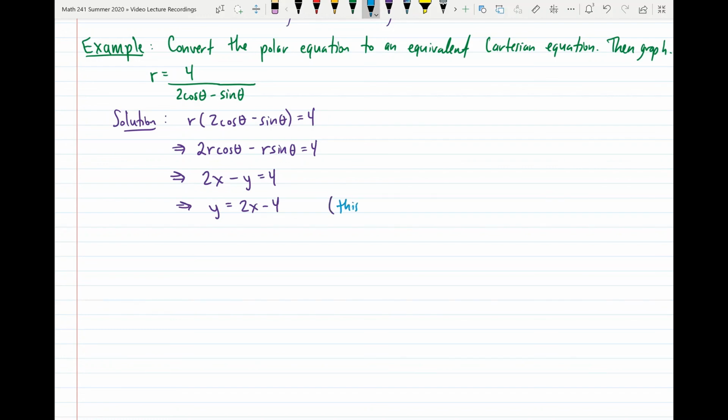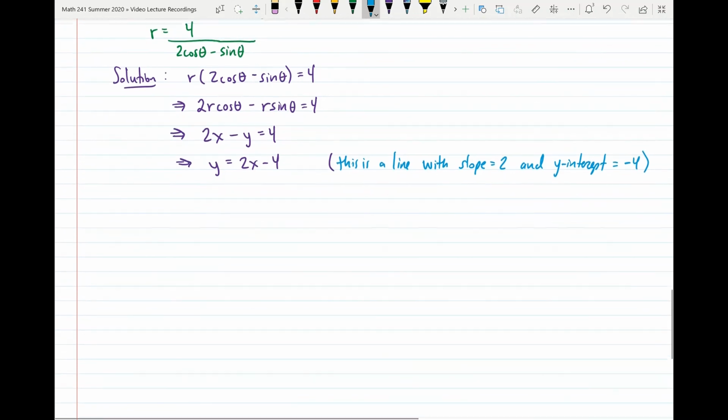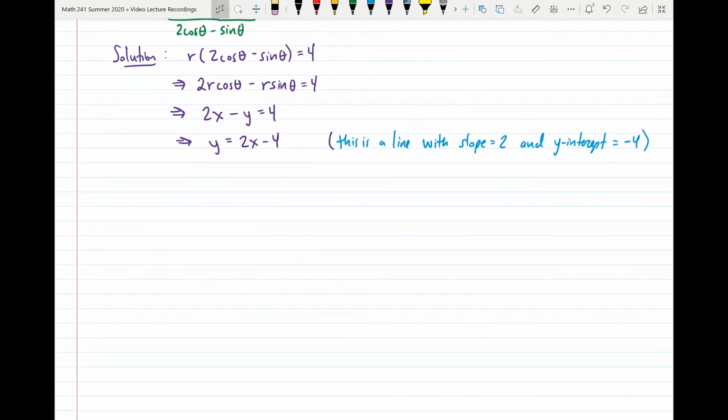So this is a line with slope equal to 2 and y-intercept equal to minus 4. And we can certainly graph a line that looks like this.